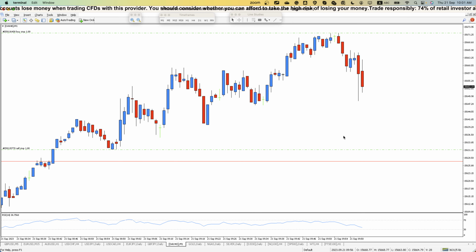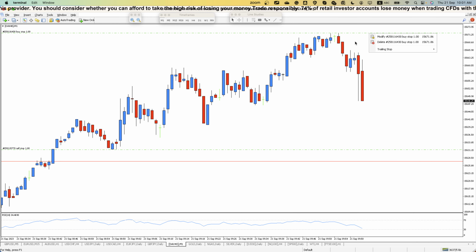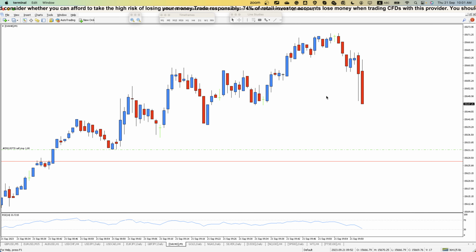But for me, I'm still more bearish on the DAX, therefore I'm not interested in a buy stop order today. That's the 1 minute time frame.